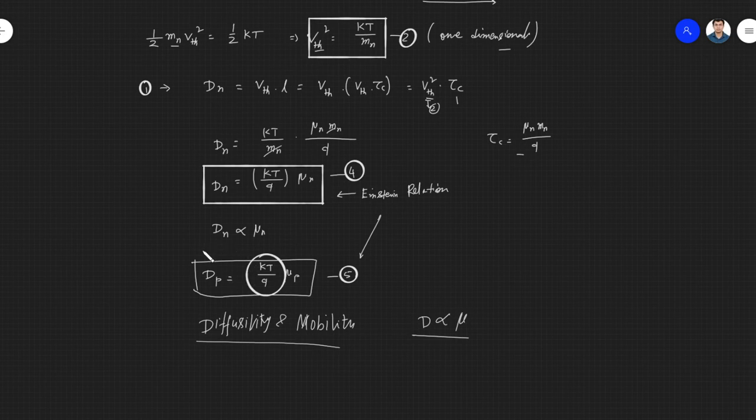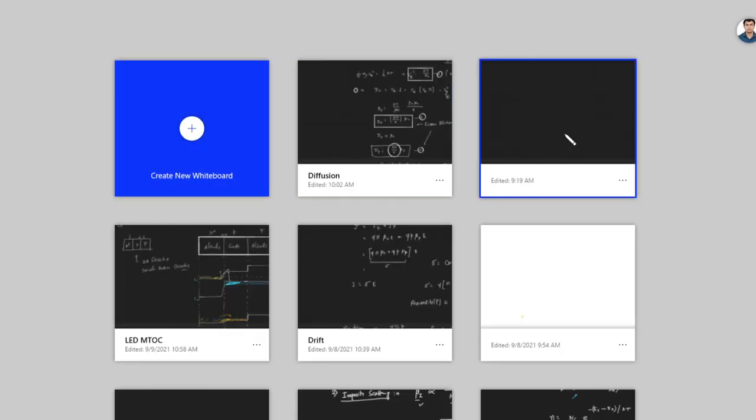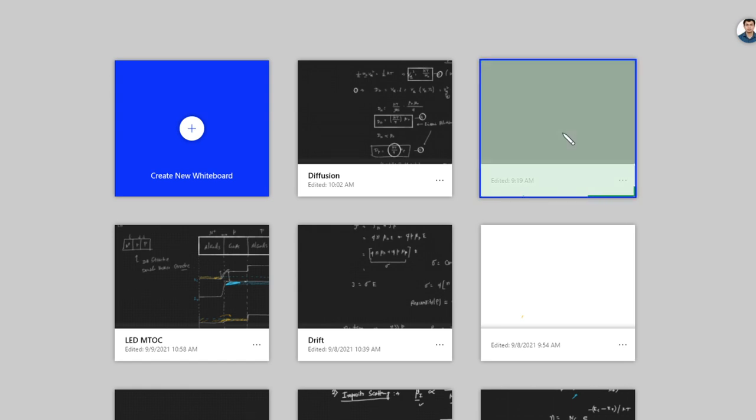Now, we learned about diffusion current, and in the session before this we learned about drift current, right? So the total current in a semiconductor depends on both.